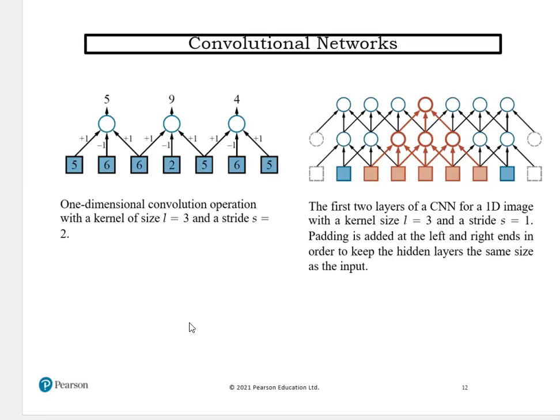Because of the stride, the number of pixels is reduced from n to approximately n divided by s. We say roughly because of what happens at the edge of the image. The convolution stops at the edge of the image, but one can also pad the input with extra pixels, either zeros or copies of the last pixel, so that the kernel can be applied exactly n over s times.